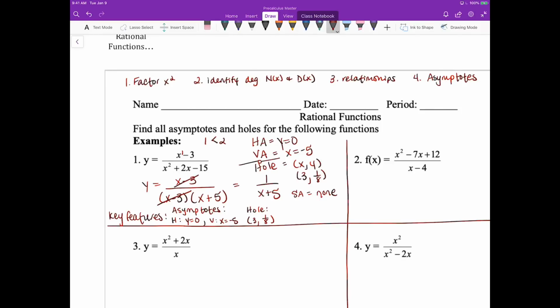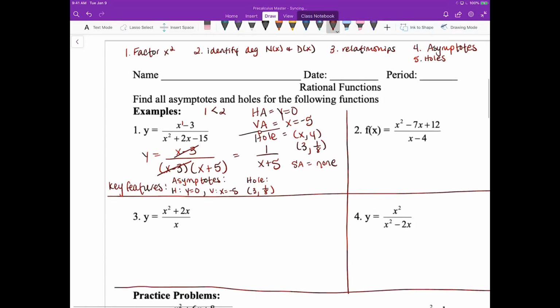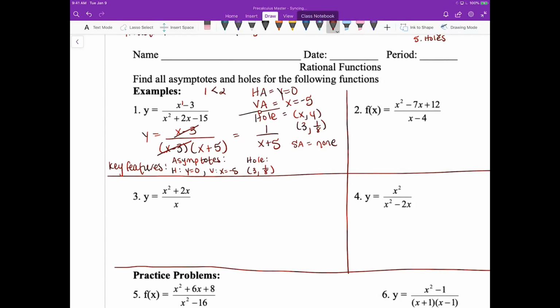So then the last thing I looked at was for holes. So let's look at number 3, the one right down beneath. If we look at our steps that we took, we had to factor the quadratic part first.